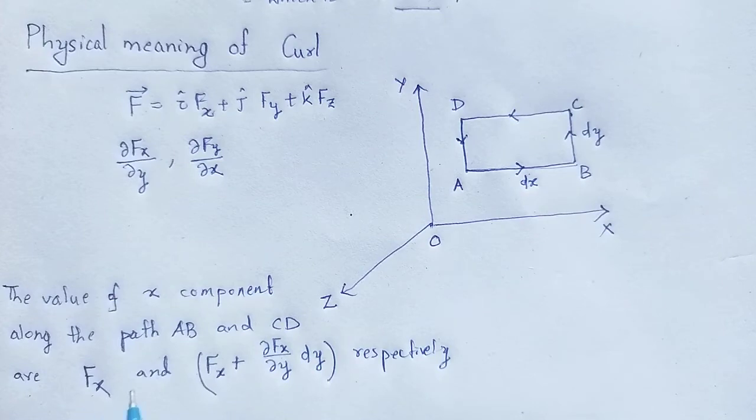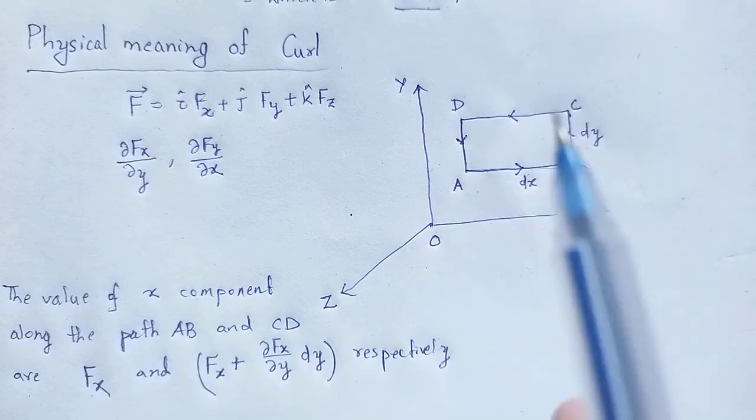So f of x is the x component along the path AB, and fx plus del fx by del y dy is the x component along CD.